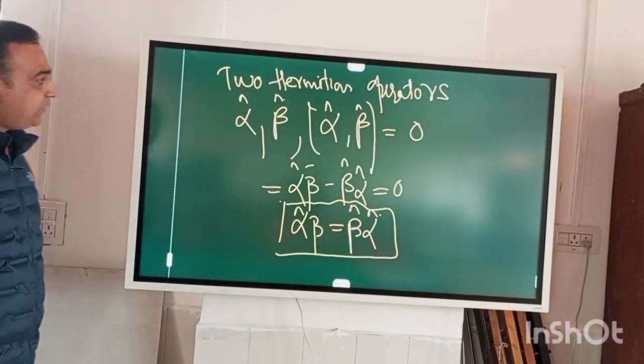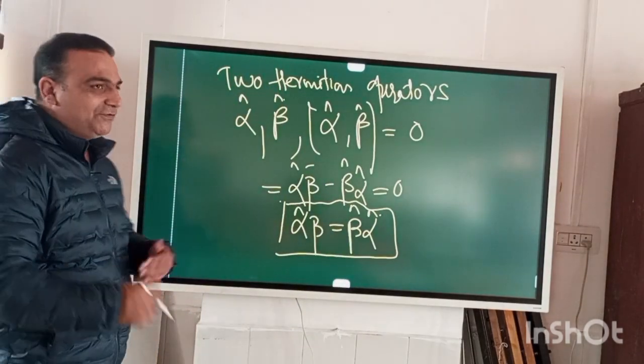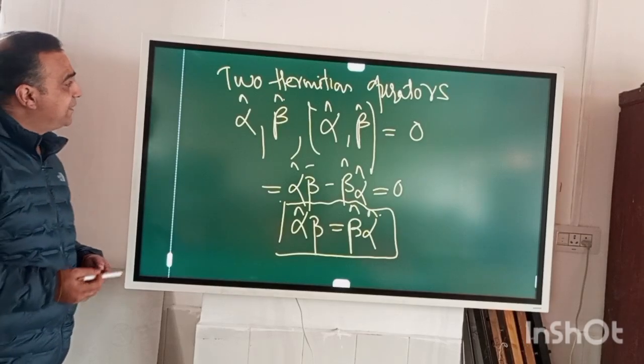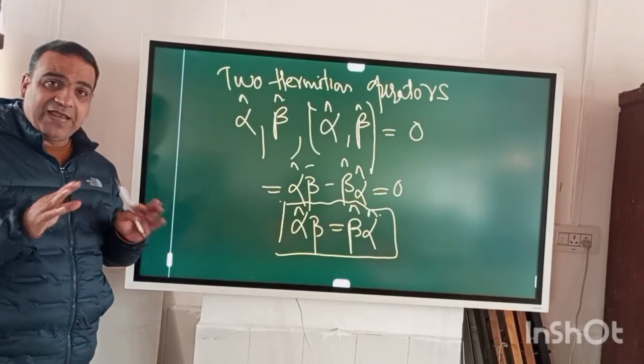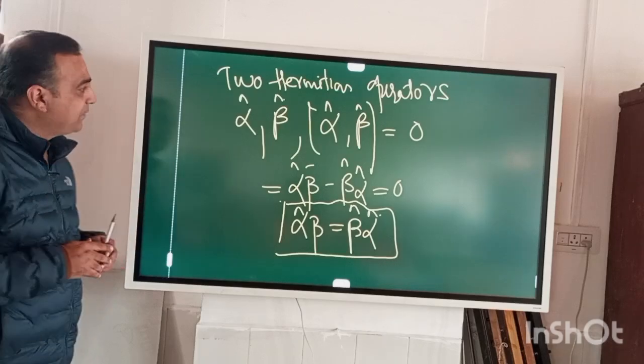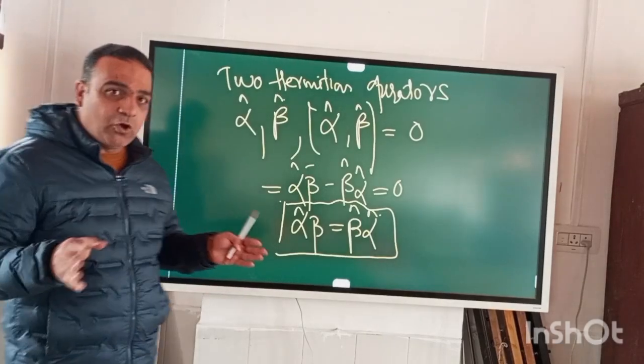All right? So we are just trying to build a problem first. I assume that there are two Hermitian operators, alpha cap and beta cap, and that these two operators commute.